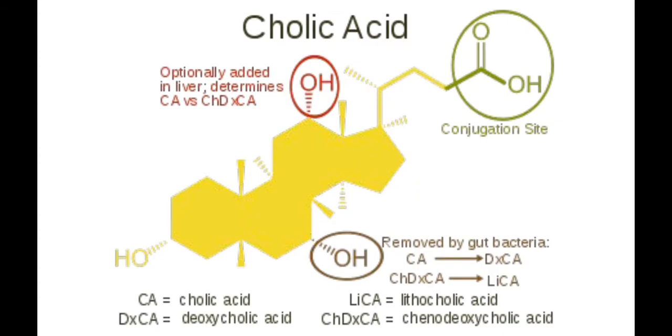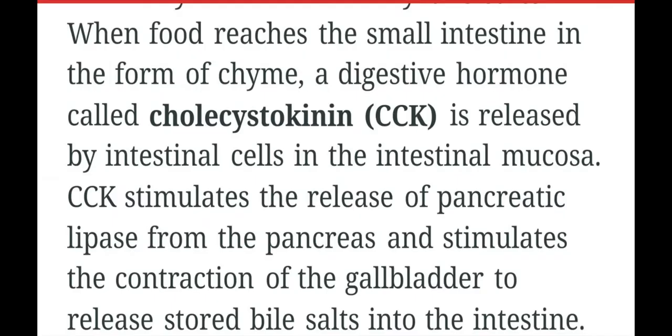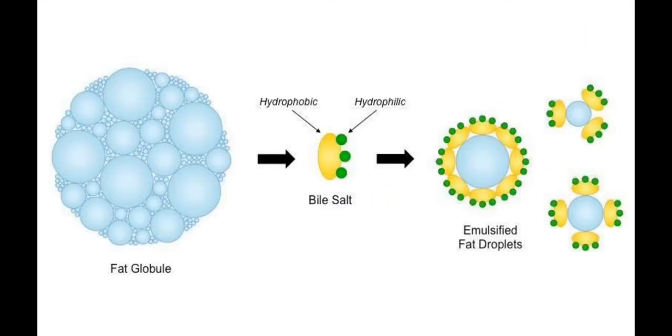The bile salts consist mostly of cholic acid. Cholic acid is a relatively complicated chemical which has OH groups, and it works as a detergent.